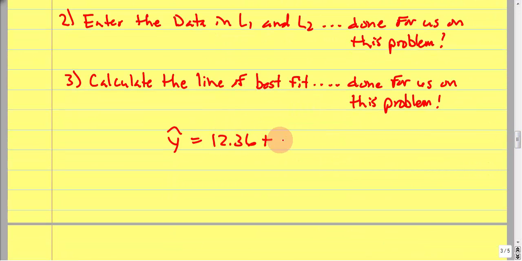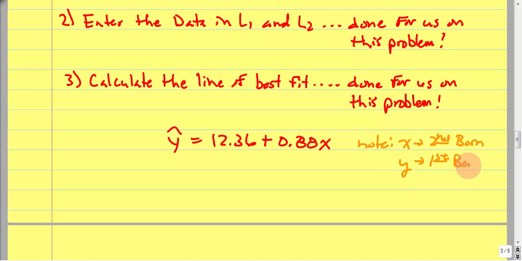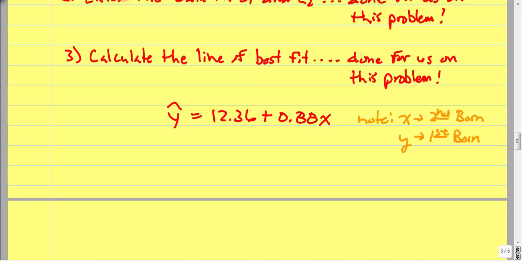Now remember, x was our second born, and y would be our firstborn, just as a reminder. Now step 4 would be to predict if appropriate, and we've already determined it's appropriate.